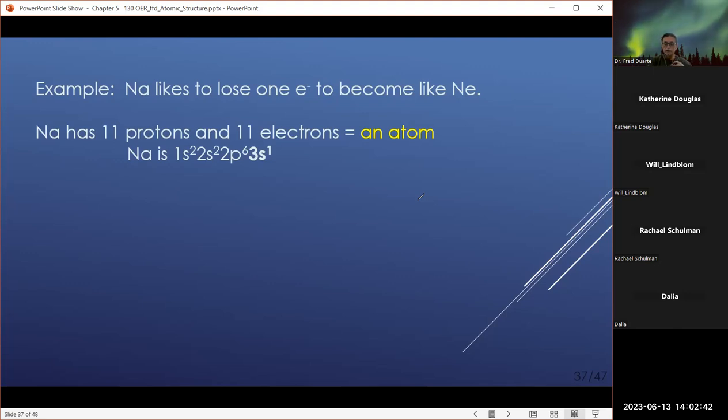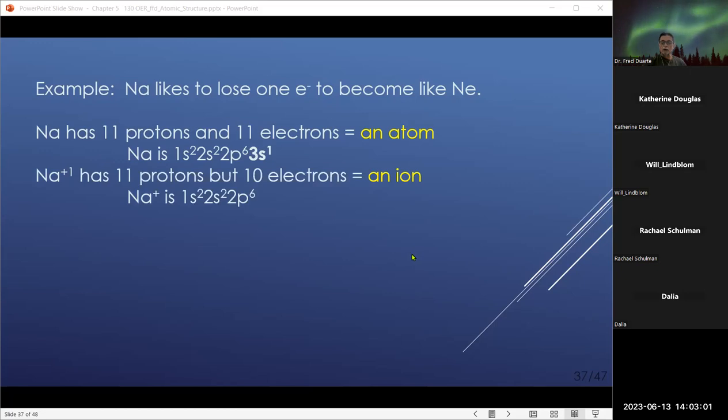So let's talk about the sodium here. Sodium wants to lose electrons. Right now it has 11 protons, 11 electrons. It is neutral in charge. I've got 11 positives and 11 negatives.